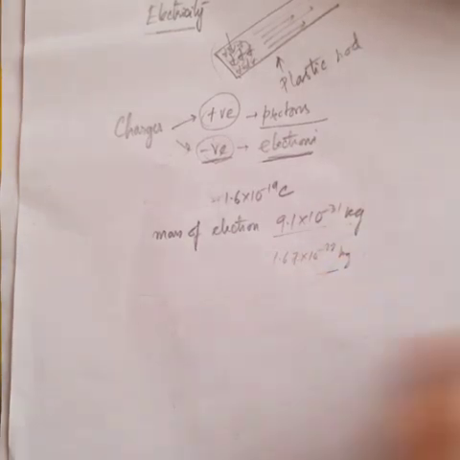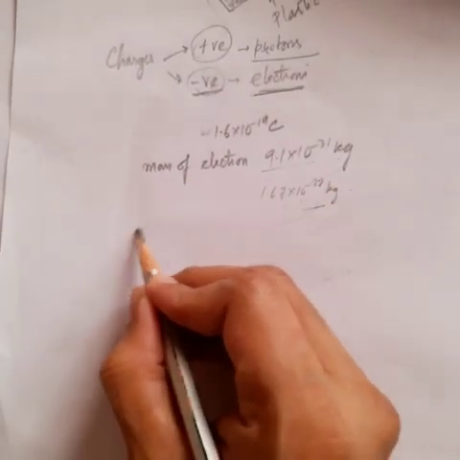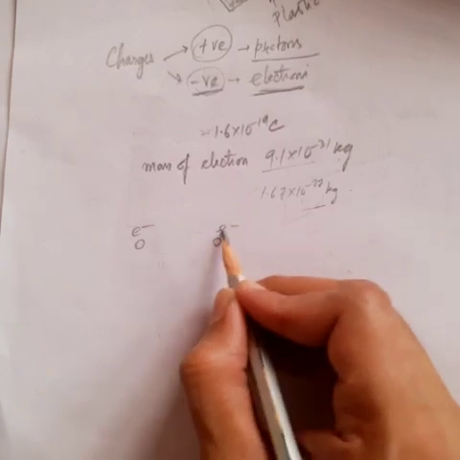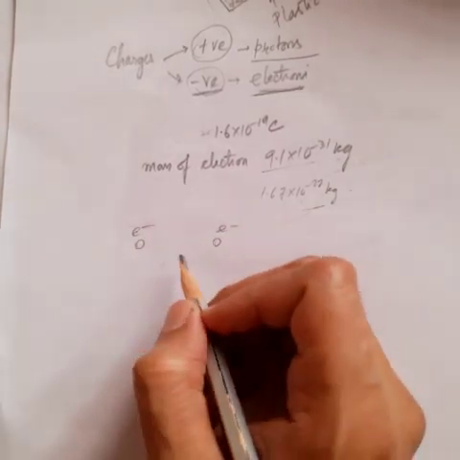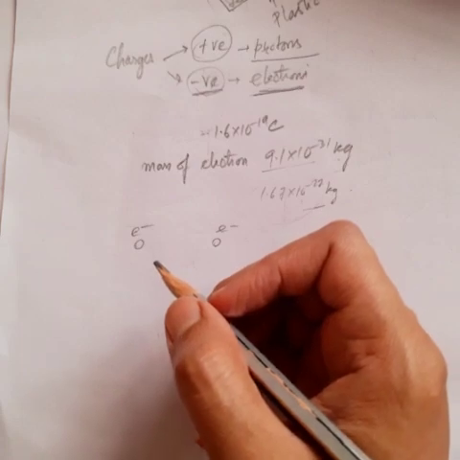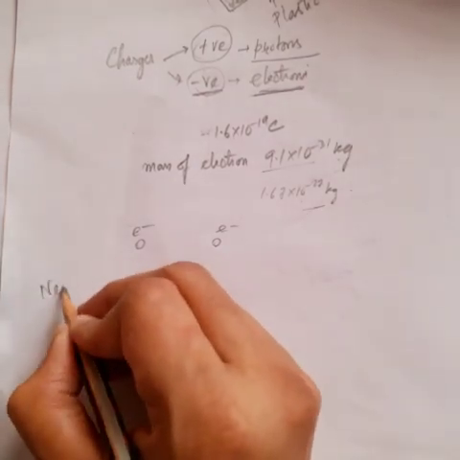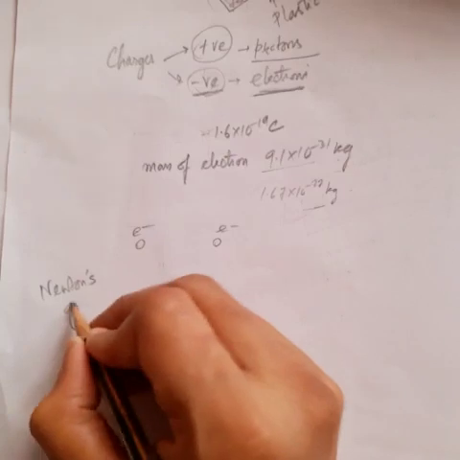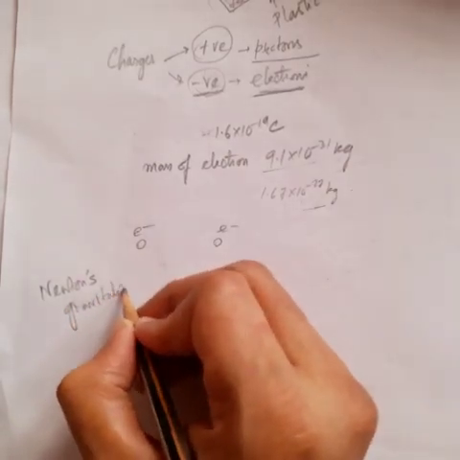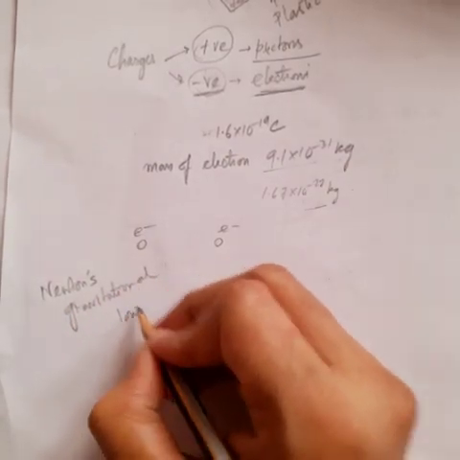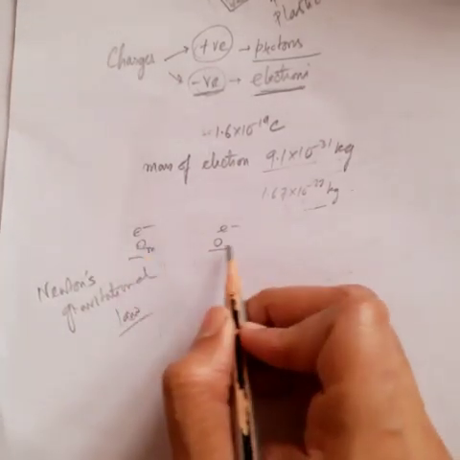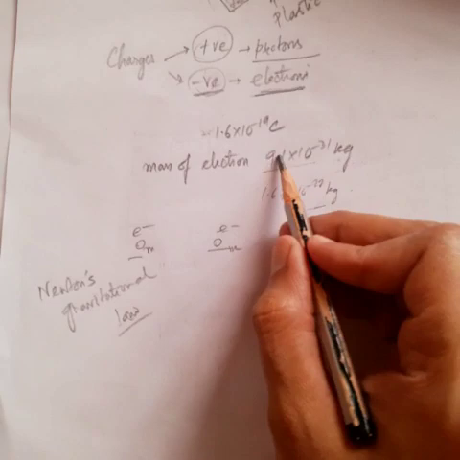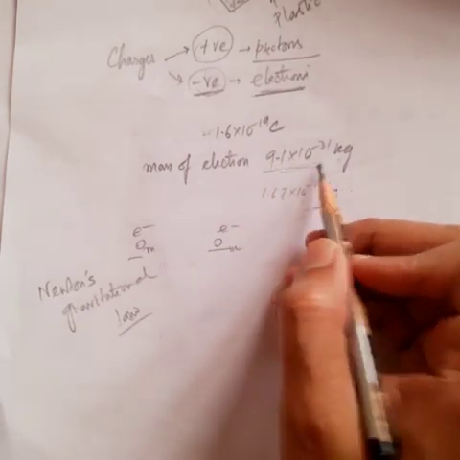Now the question is, if you bring two electrons close to each other, you will see that they are repelling each other. But you have learned in Newton's gravitational law that any two objects having certain masses attract each other. These electrons have masses, each measuring 9.1 into 10 to the power minus 31 kg.